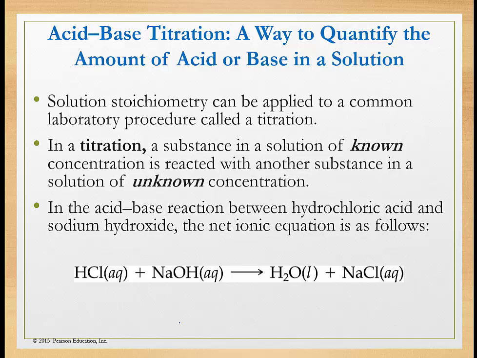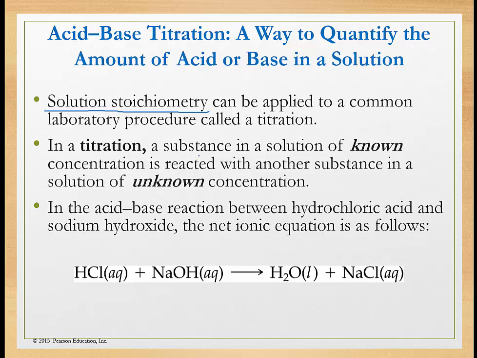In this case, we want to measure an acid against a base, or vice versa. So when we do this, we have to go back to that idea of solution stoichiometry. We've talked about solution stoichiometry already. It's an important concept to understand when we talk about an acid-base titration.